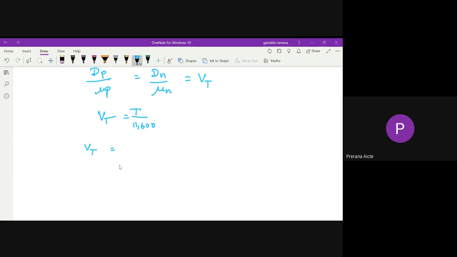Vt is equal to 300 by 11,600, that is 25.86 millivolts, nothing but 26 millivolts. Here k is Boltzmann's constant. At room temperature, Vt is 26 millivolts.